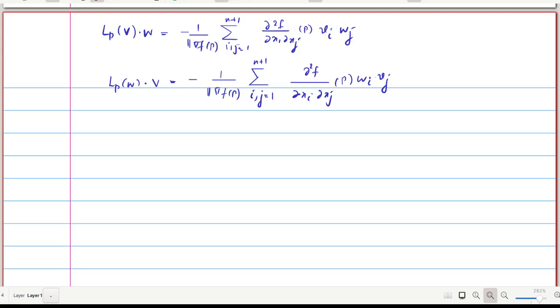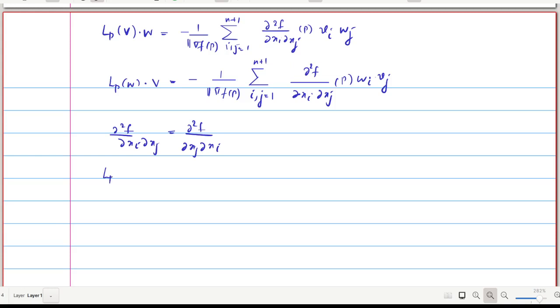So these are the only difference, but we know that dou square f by dou xi dou xj is the same as dou square f by dou xj dou xi for every i and j, because f is a smooth function defining that surface, so we can get this equality.